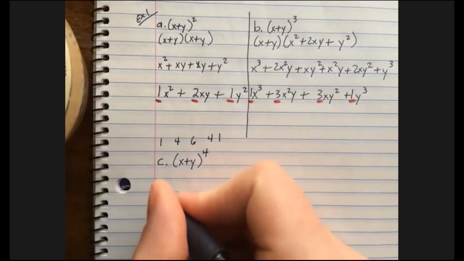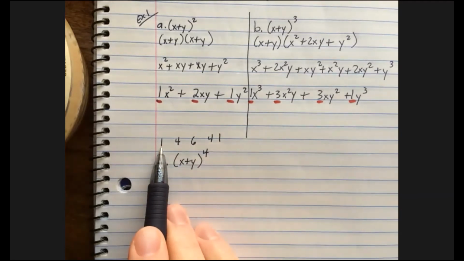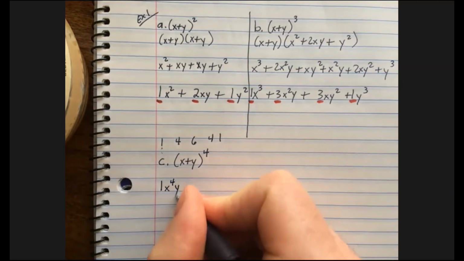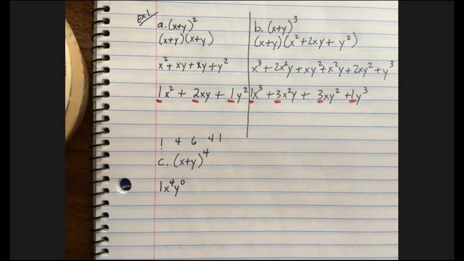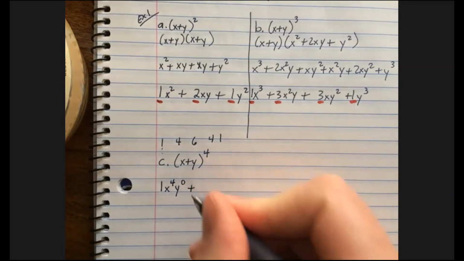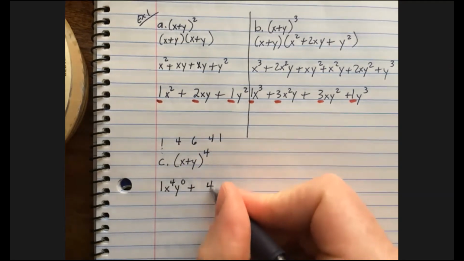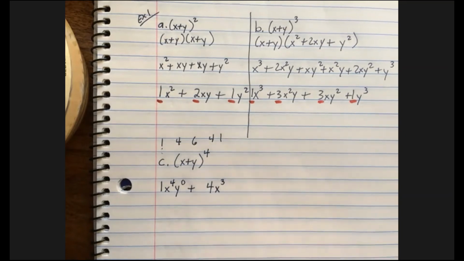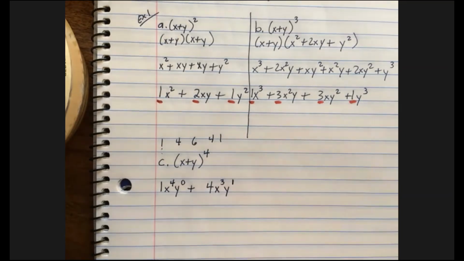So we know we're going to have 1, okay, because this is the 1 at the very beginning, x to the fourth, y to the 0. Okay, and now we're going to say, okay, the next one's 4, so 4, x to the third, because remember our x's always go down 1, y to the first, because our y's always go up by 1.